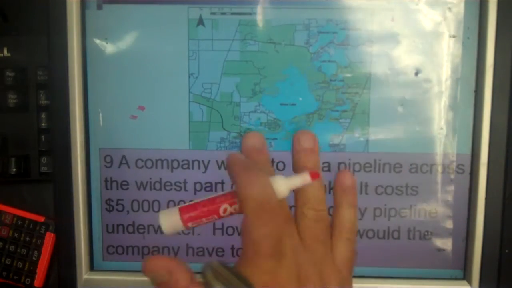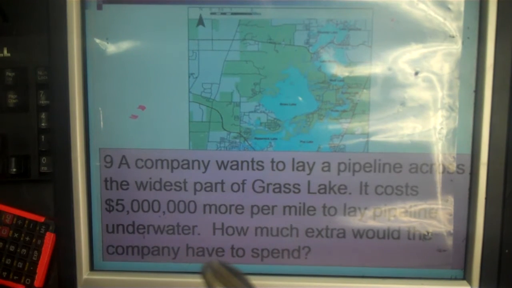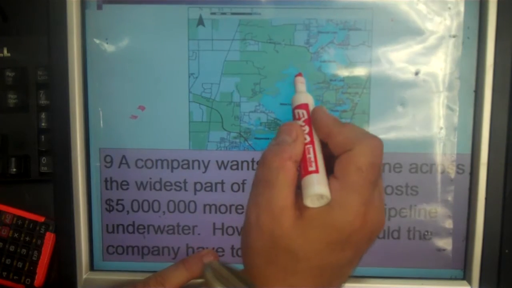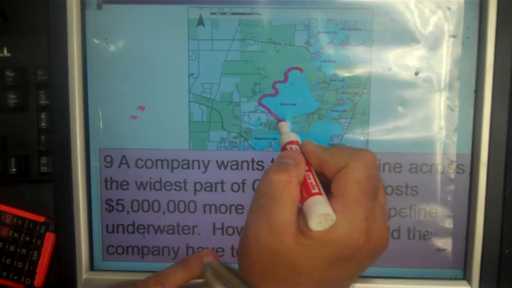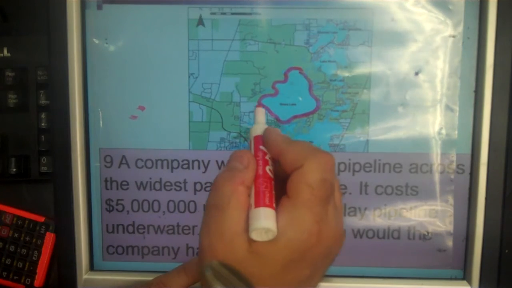Question number 9. A company wants to lay a pipeline across the widest part of Grass Lake. It costs $5 million more per mile to lay pipeline underwater. How much extra would the company have to spend? So Grass Lake is this one right here. And we want to go across the widest part.